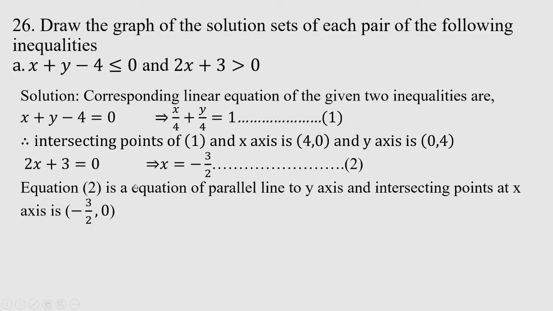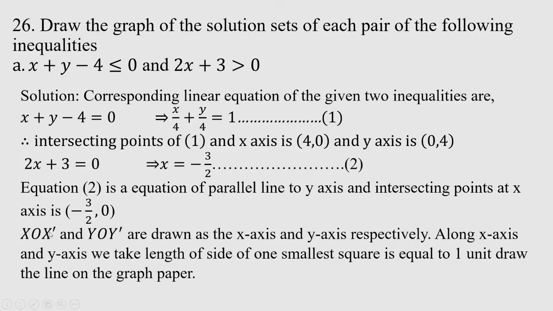Okay, now taking x prime and y prime as the x-axis and y-axis, and taking the length of the smallest square as 1 unit, we draw the graph paper. Now plotting these 2 points 4, 0 and 0, 4, and joining these two we get this line, and the parallel line to the y-axis which passes through this point, we get equation 2.